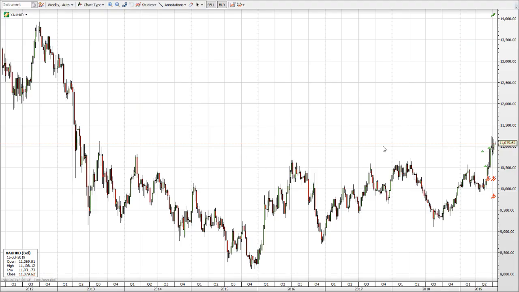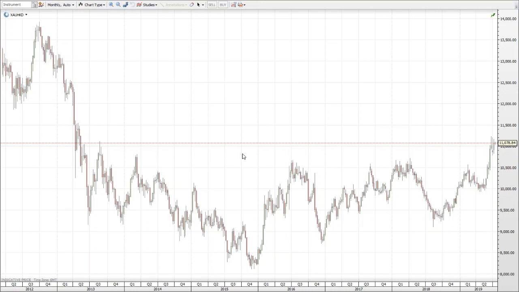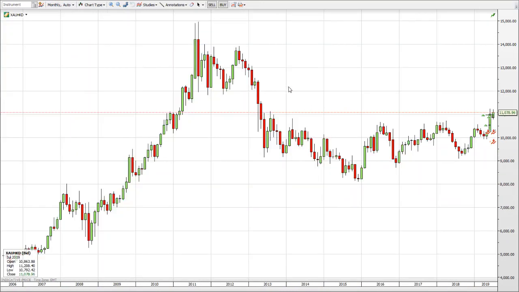Looking from a very long-term perspective, 2013, you can see it's been in this kind of trading range. It's broken higher than it has been for a couple years now, and going to the monthly, it's certainly looking like it could just rocket higher.